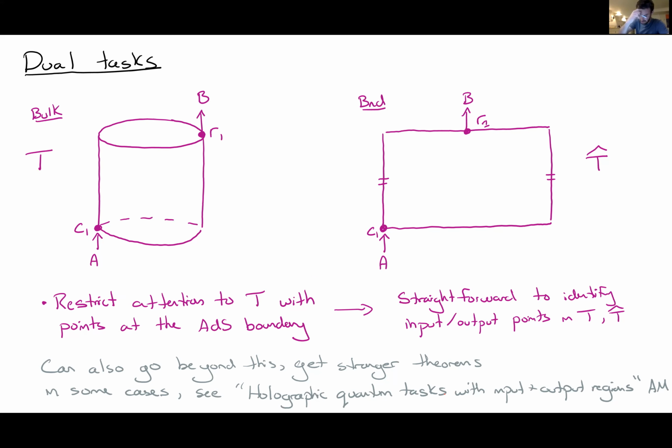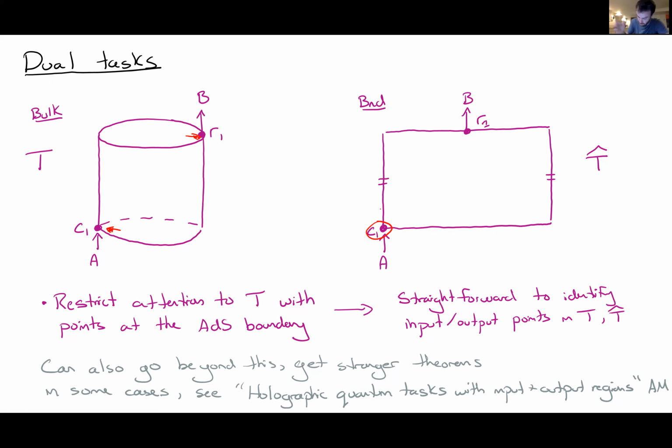Right, so the task. To identify a boundary task, what we want to do is start with the bulk picture. So we're going to pick some task where the inputs and outputs are off at infinity. And then the corresponding task in the boundary will just identify those points at infinity with points in the conformal boundary like we normally would.